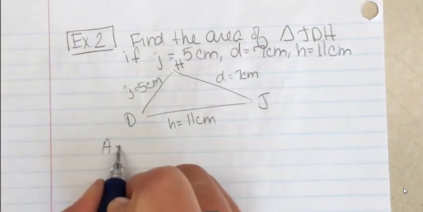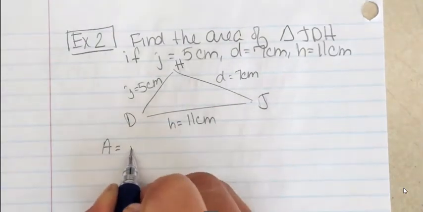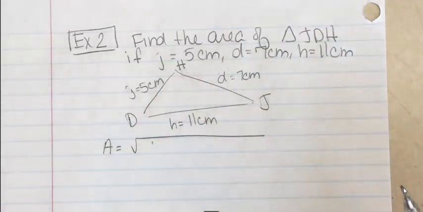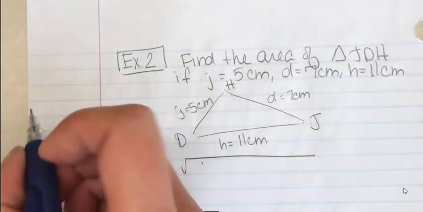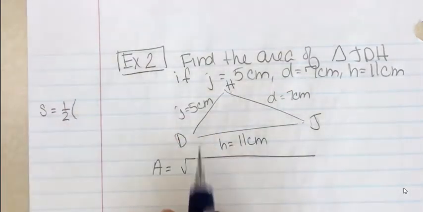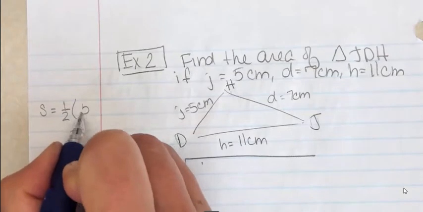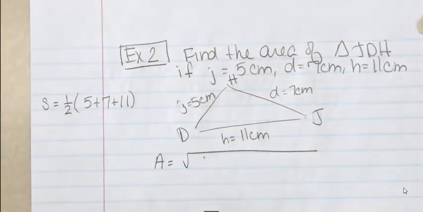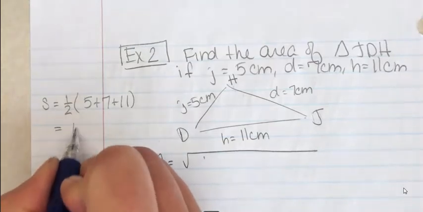So your area is going to be the square root. And we have to find the semi-perimeter. So why don't I go off to the side here. Semi-perimeter is going to equal 1/2 the sum of all of my sides. And I'll go ahead and write that out. And that'll give me 11.5.